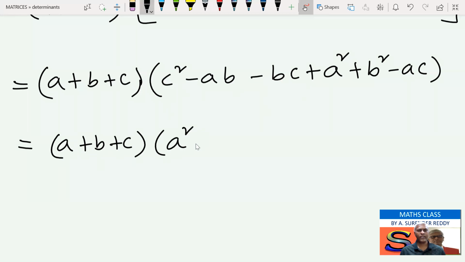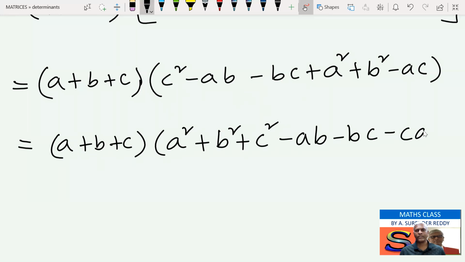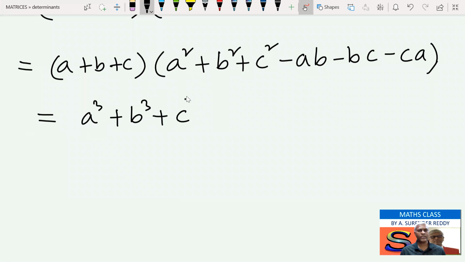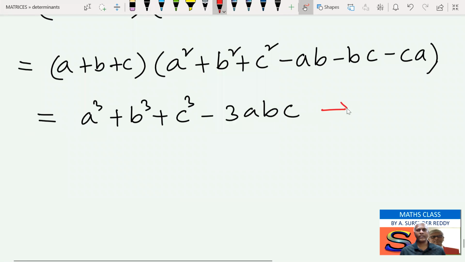I am writing first A square plus B square plus C square minus AB minus BC minus CA. So this is a well-known formula, and its value will be our required answer. So this is A cube plus B cube plus C cube minus 3ABC. So this is our required answer, right hand side.